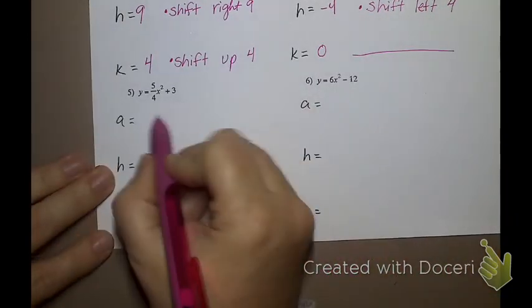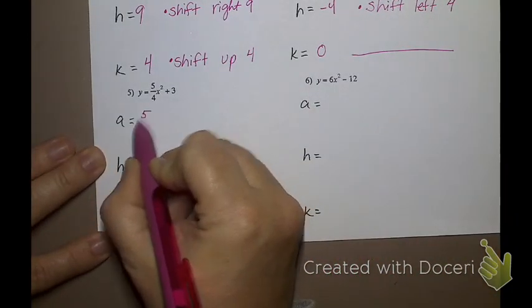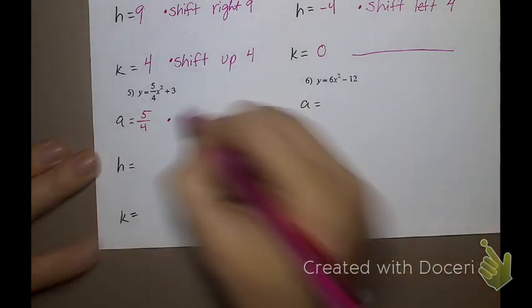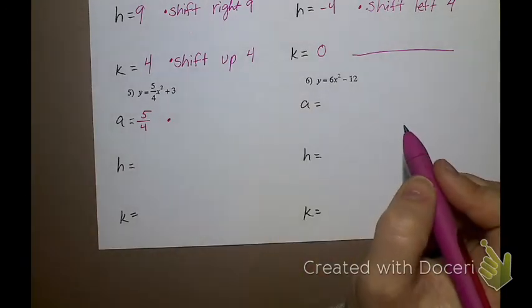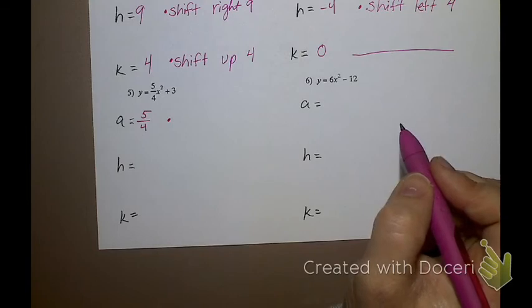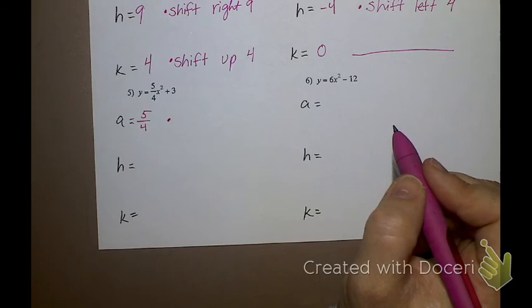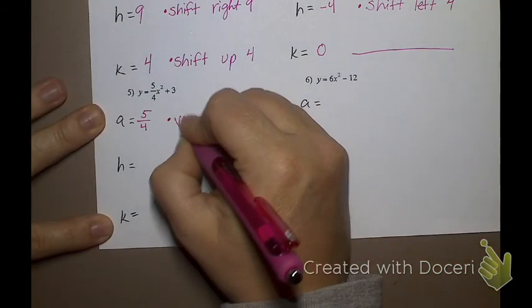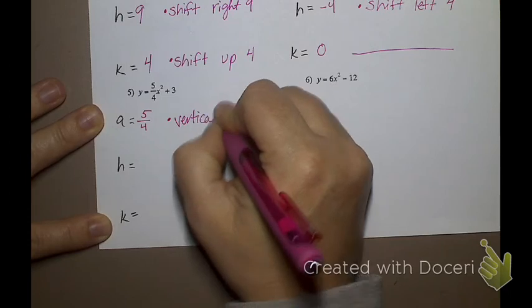What is A? 5 fourths. What does that mean? Is 5/4 bigger than 1 or less than 1? Bigger than 1. So even though it's a fraction, it's not less than 1. So it is a vertical stretch.